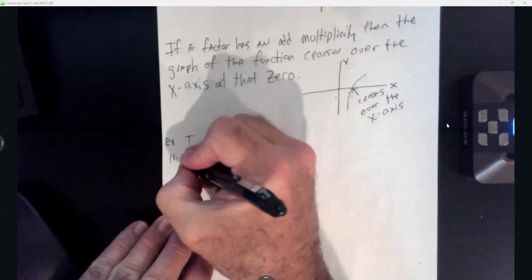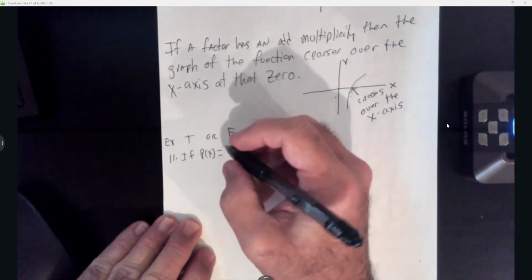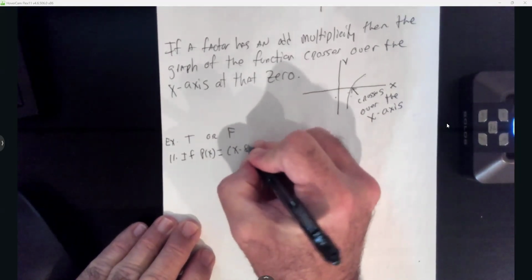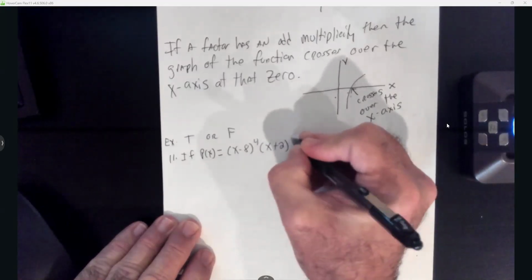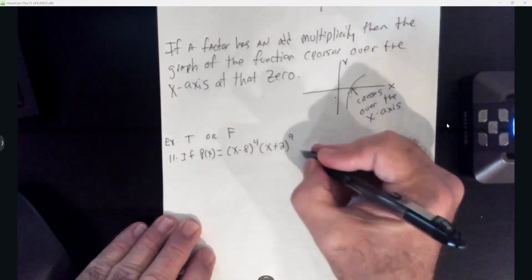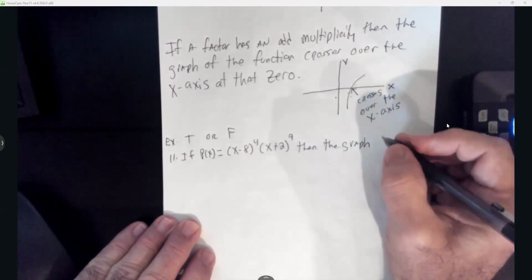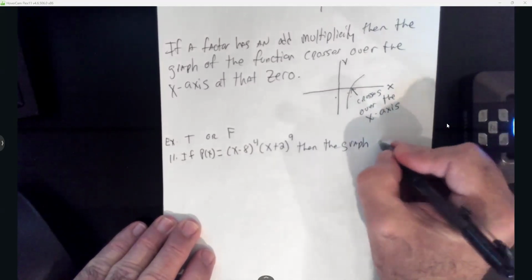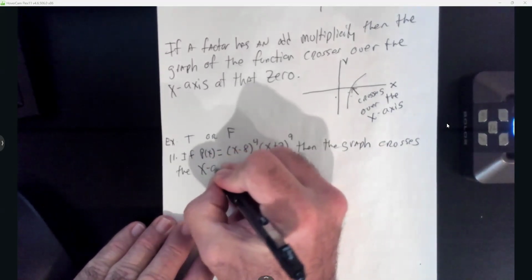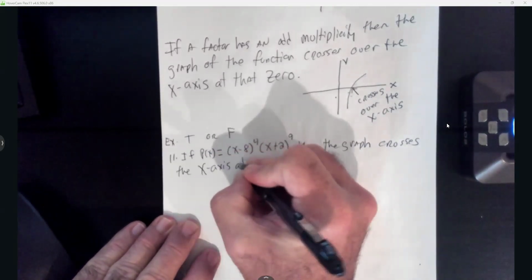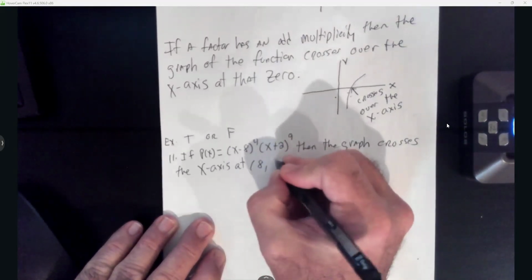So number 11, if p of x equals x minus 8 to the fourth, x plus 2 to the ninth, then the graph crosses the x-axis at 8, 0.